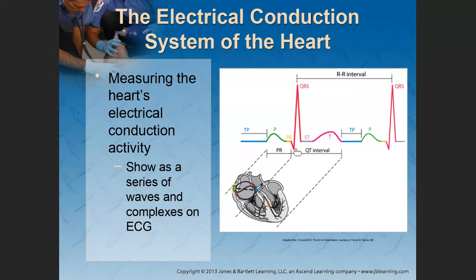So the QRS complex represents ventricular discharge or depolarization. It's when the ventricles are discharging current. Now, after the ventricles discharge a current, there is a decrease, and then we have another flat segment. This is the ST segment.